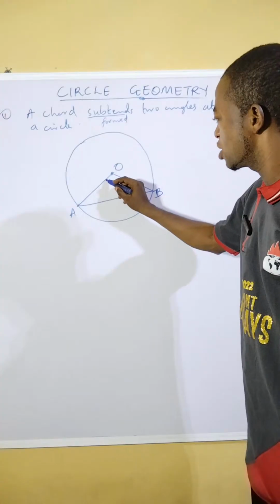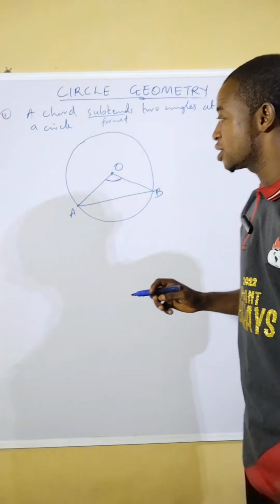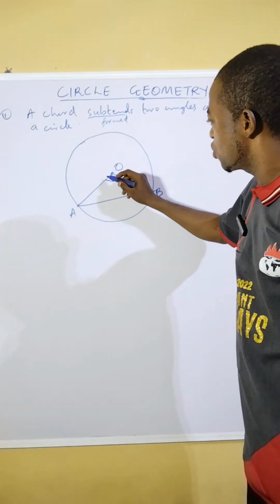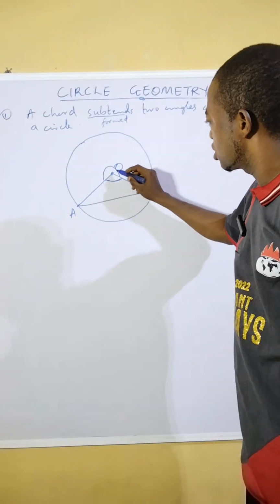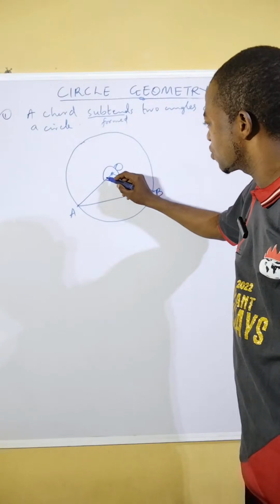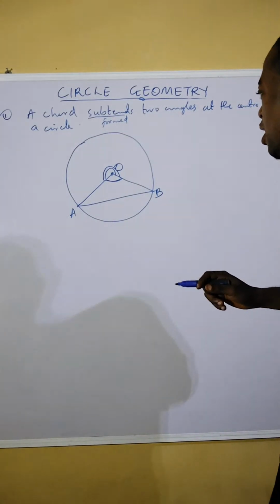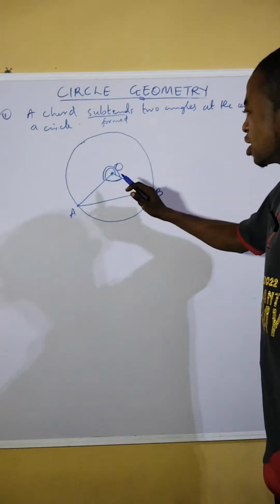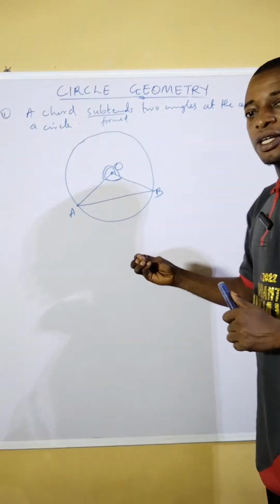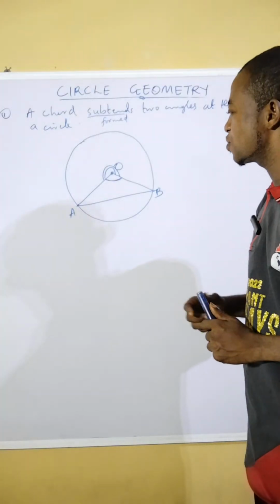We have this one inside here, which is an angle less than 180, an obtuse angle. And we also have the one outside here, the exterior angle, which is a reflex angle, an angle greater than 180. Now, it is very important we are able to recognize when a chord forms angles at the center of a circle.